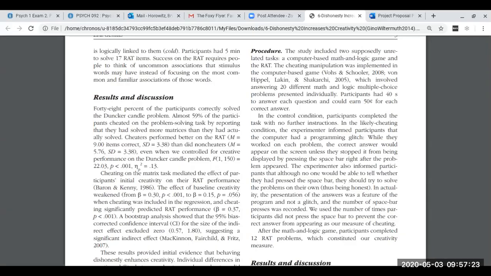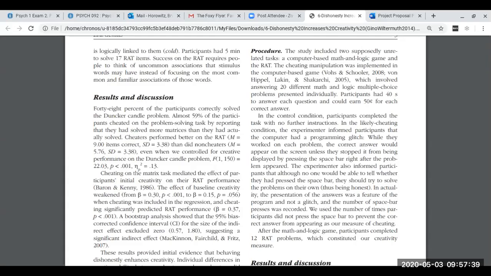And you can kind of see from this results section, by the way, if you go back and compare it to the one that you have to do this week for an assignment, that you can see here the means and standard deviations are reported.